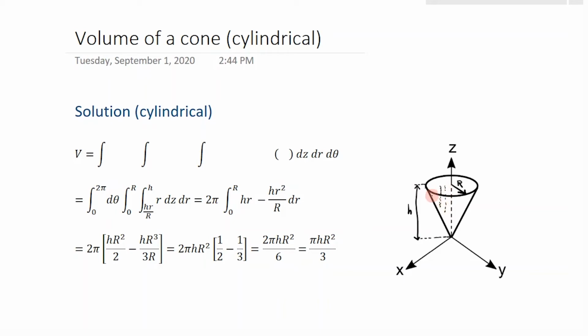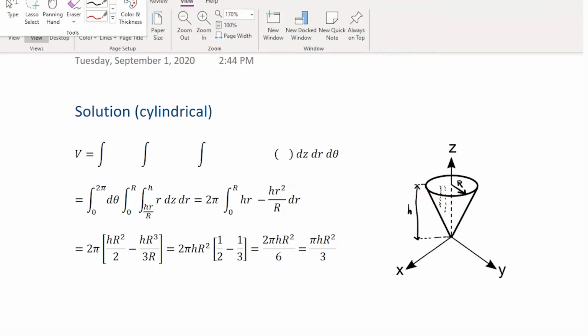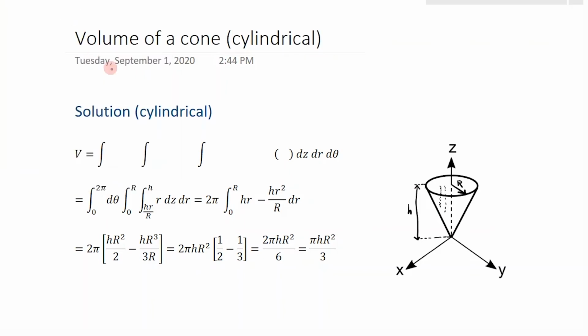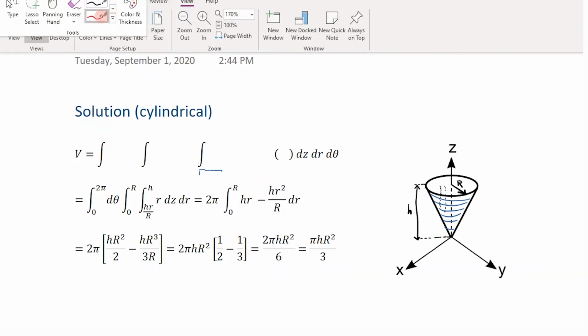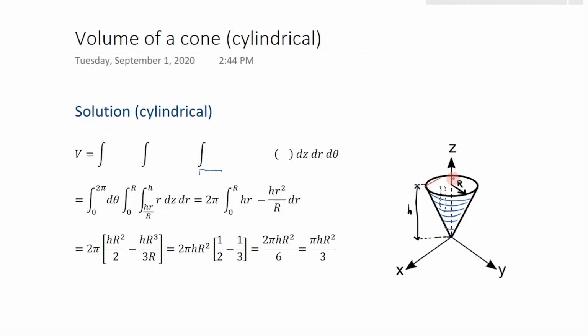So the bound would be the surface of the cone, the lower bound. Let me make it blue, it's this one. It's the surface of the cone. The upper bound would be this surface.